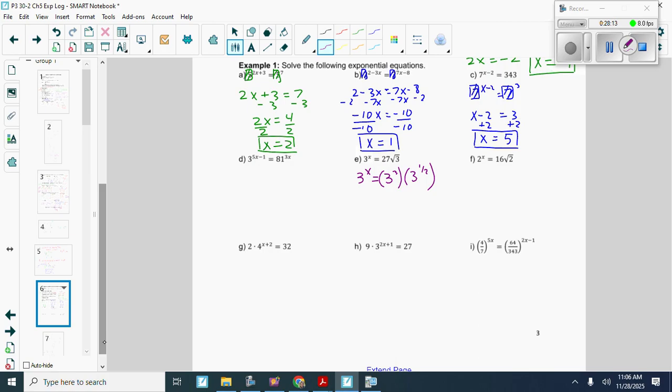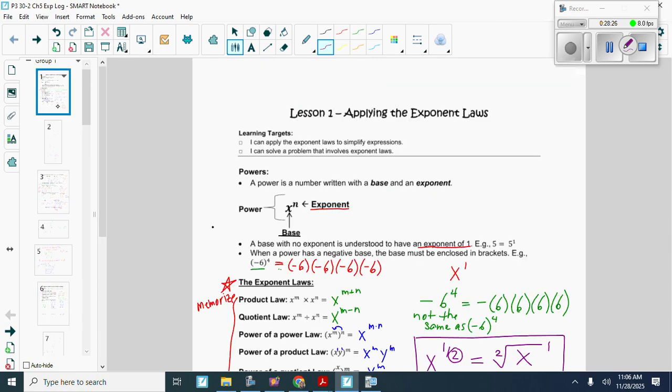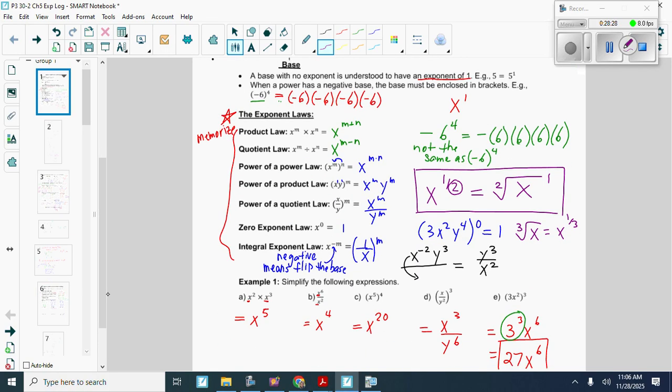The square root becomes a fraction as an exponent. Some of you are going, how did that happen? We just did this in our notes. We said a fraction becomes a square root. Whatever the number is on the bottom, that's our index. Remember invisible math?